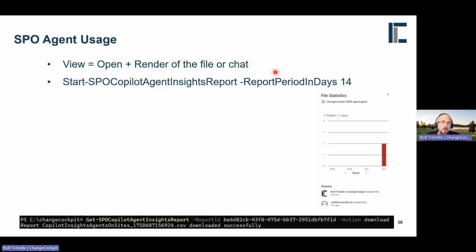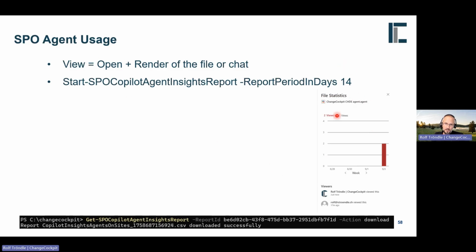Then SharePoint Online Agents. I have shown you what they can do, but now perhaps you want to know, do our users use these agents? You can go to the agents and find individual agent files. Then you know this is a SharePoint Online Agent.